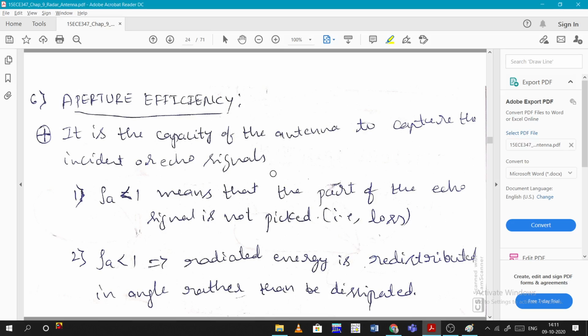Basically it should be dissipated to the surroundings, right? It should be nullified, but what happens is that it is redistributed, so those values get added to or subtracted from the other lobes, the other energy forms.